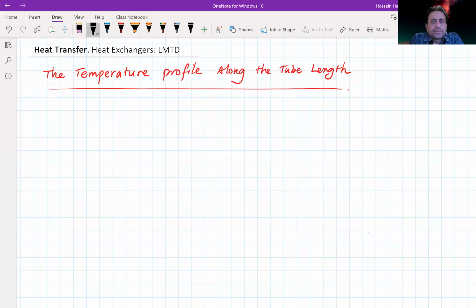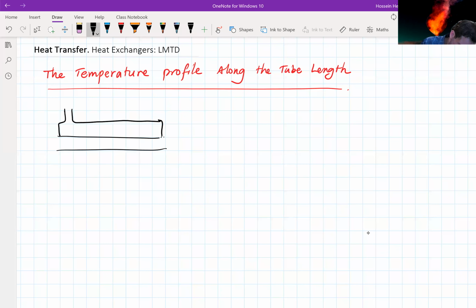Let's see how the fluid temperature changes in heat exchangers, and particularly for a double pipe heat exchanger. Let's say this is the heat exchanger that I am looking at. So we have the hot stream, hot fluid, and for the parallel flow, this is the cold.